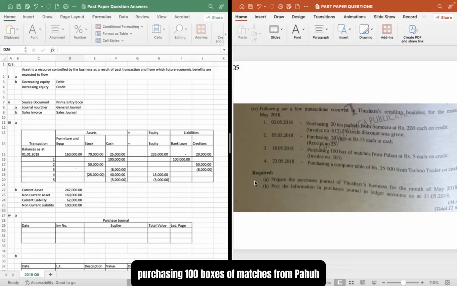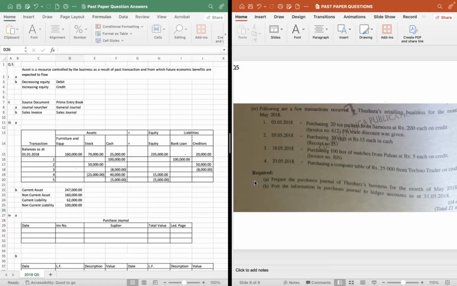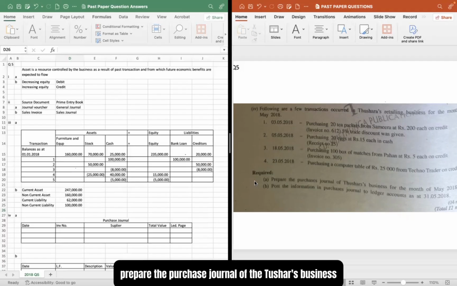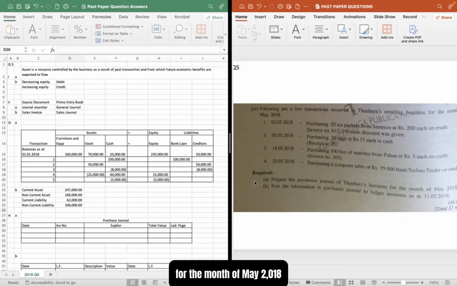Purchasing 100 boxes of matches from Pahan at rupees 5 each on credit. Purchasing a computer table of rupees 25,000 from Techno Trader on credit. Now they are asking to prepare what? Prepare the purchase journal of Tushara's business for the month of May 2018.